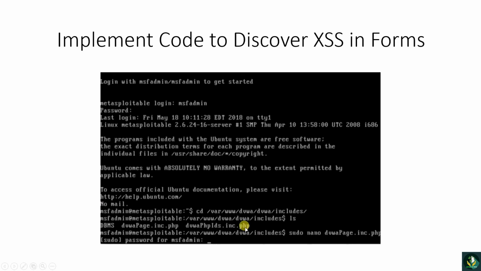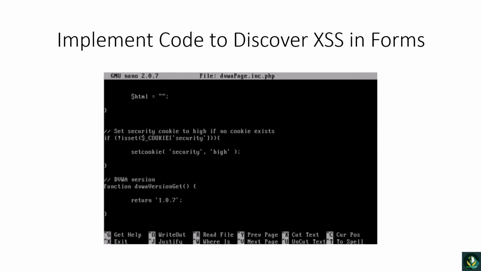admin. So first of all, just type sudo nano. Sudo is to run the program that will open the file as an admin, and then that will open the dvwa page. So I am just going to press enter, and it will go to this page, and this is the setting page.